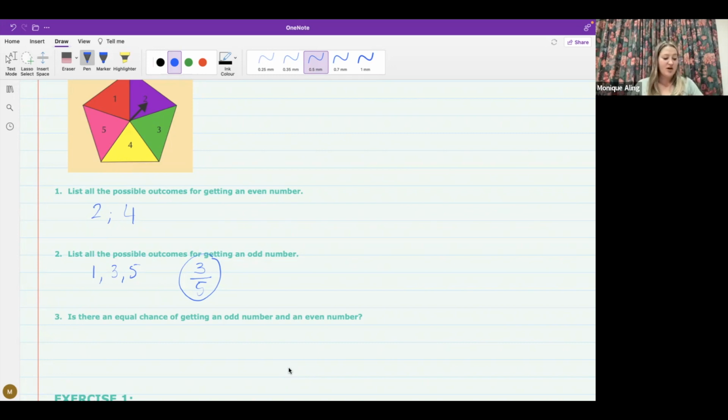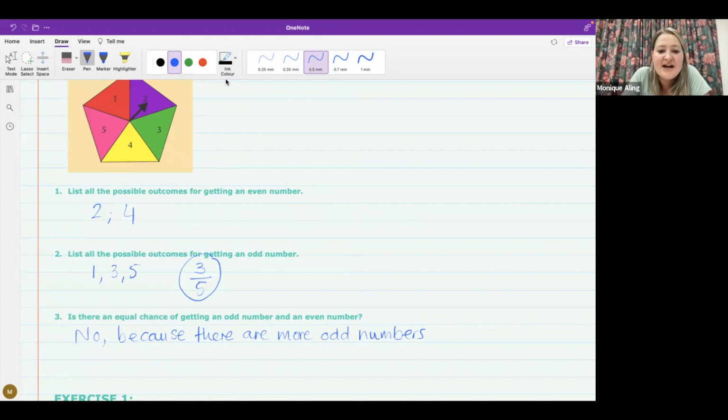Okay, so no, because there are more odd numbers. We have 3 odd numbers and 2 even numbers. So there isn't an even chance that we'll land on either. Cool. Well done, Ben and Imihle. You guys are on fire today. Keep it up.